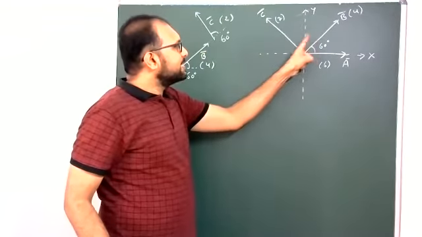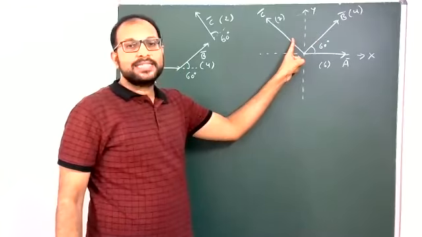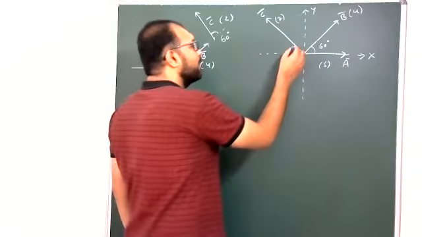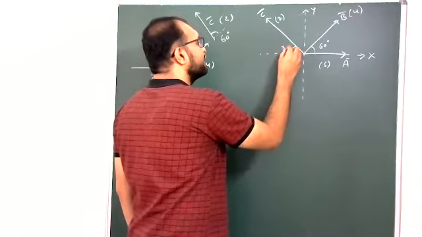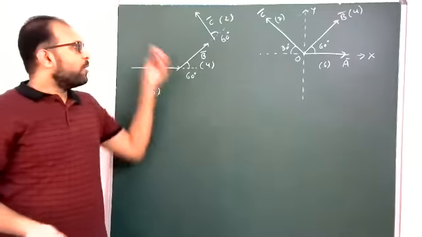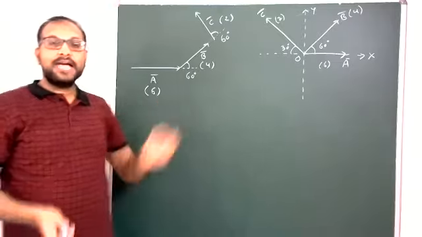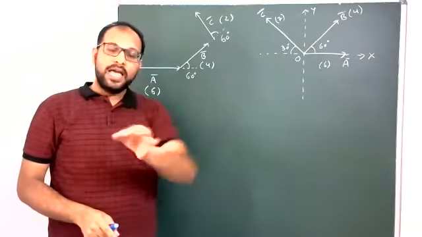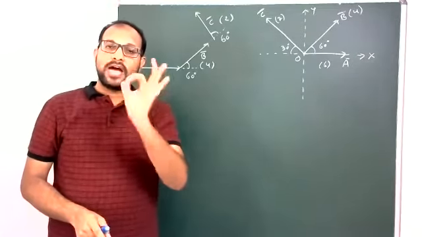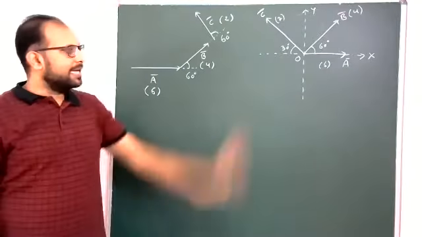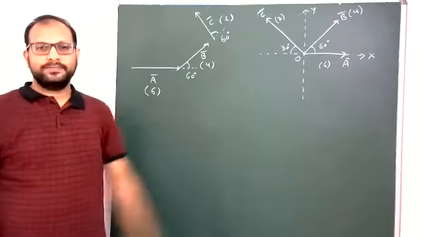With B bar this angle is 60, means it is a 30. Now here I am writing 30 degrees. So whatever number of vectors is given, you need to draw all in a coordinate system such that all vectors start from the same point, that is the origin. Okay, drawing over.